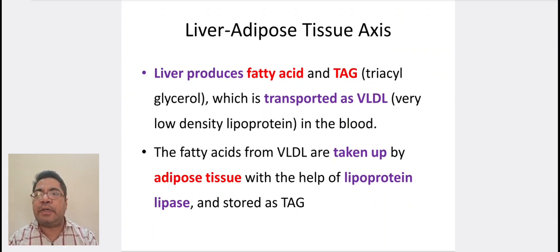Coming to the liver adipose tissue axis. Liver produces fatty acids and triacylglycerol, which is transported by VLDL, that is, very low density lipoprotein, in the blood. The fatty acids from VLDL are taken up by adipose tissue with the help of lipoprotein lipase and stored as triacylglycerol.